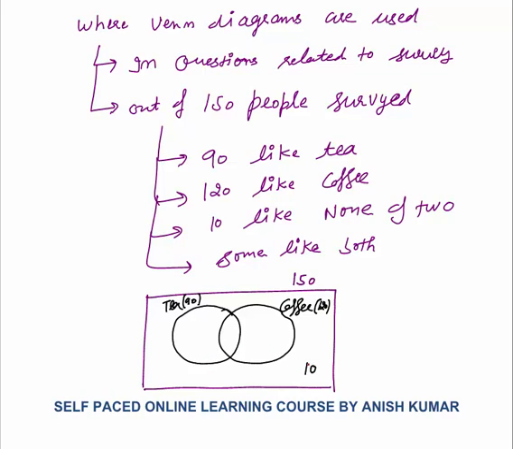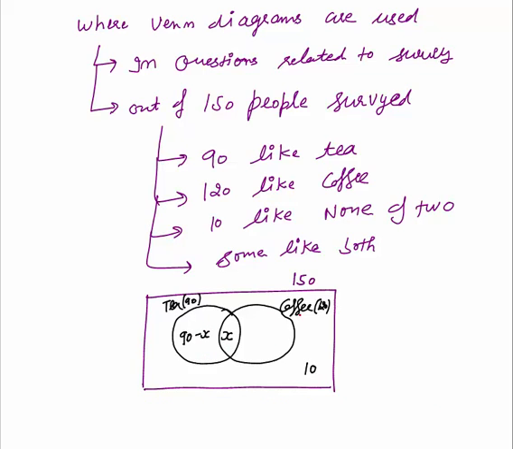We don't know how many like both the drinks, so we assume that they are X. Now the total number of respondents who like tea is 90, out of which this value is x, so this value must be 90 minus x, because the total tea circle must make 90. If this is x, this must be 90 minus x. If the complete coffee circle is 120, this must be 120 minus x.